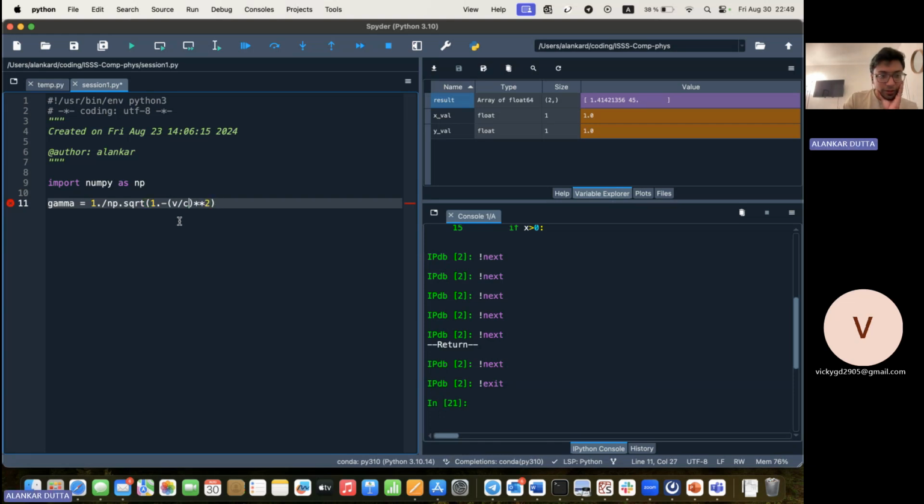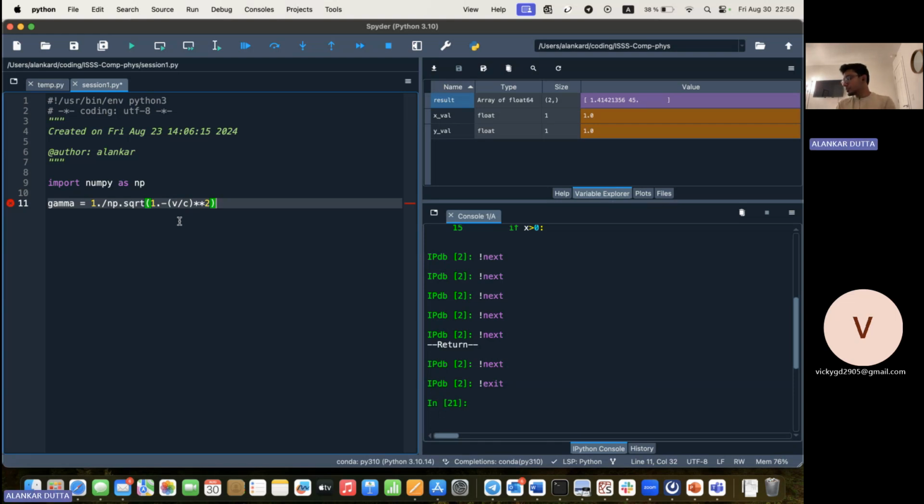So this is the Lorentz factor. So it's 1 by square root of 1 minus v by c whole square. So if the time outside the spaceship is t, then the time inside the spaceship is t over gamma, right?